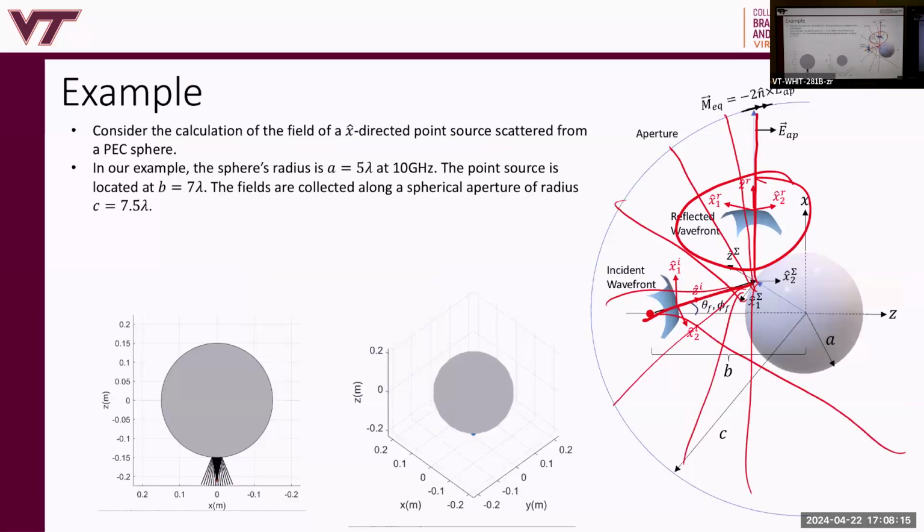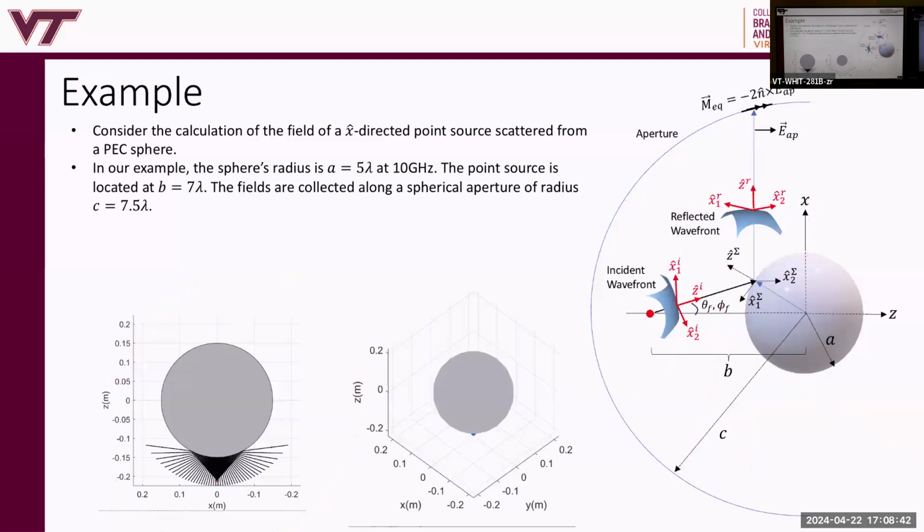If you look at this figure down here, you can't trace any rays beyond the shadow boundary. So if you were to calculate the far field from the currents in that aperture plane, then you would only have samples in the front half, right? And of course, a sphere has scattered fields behind it and all that. So for a sphere, it's probably not the best approach, but it works well for the reflectors, right? Paraboloids and hyperboloids.